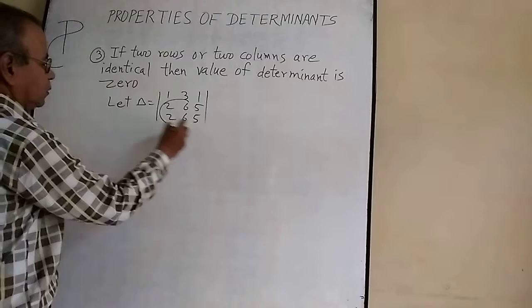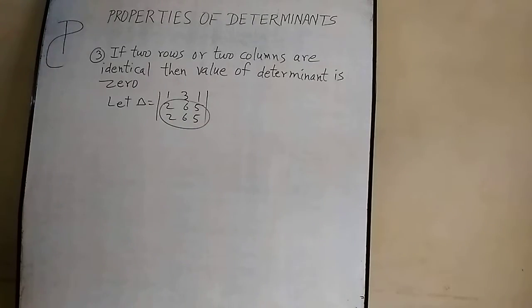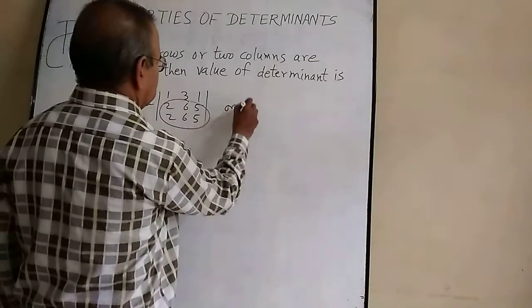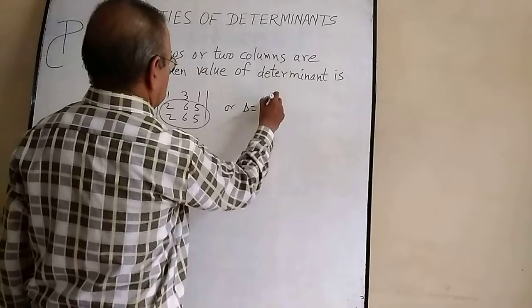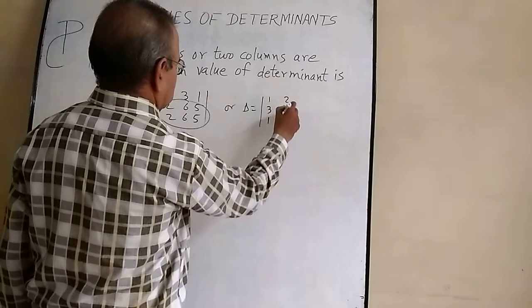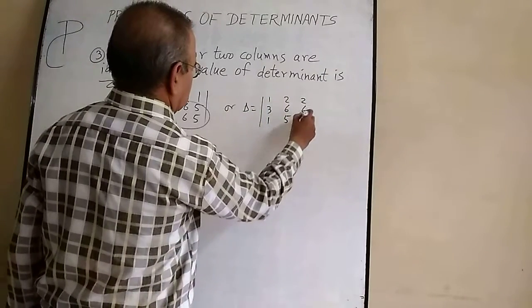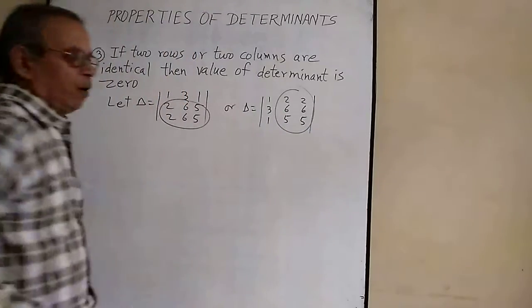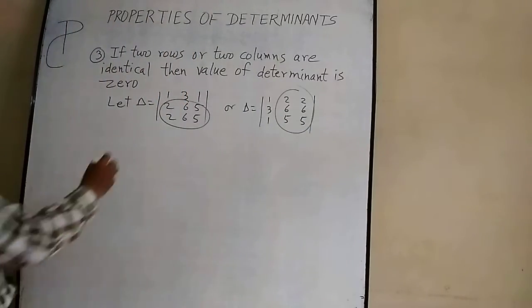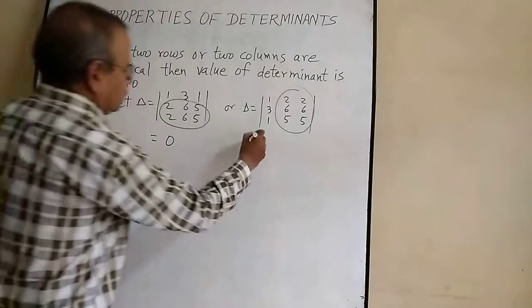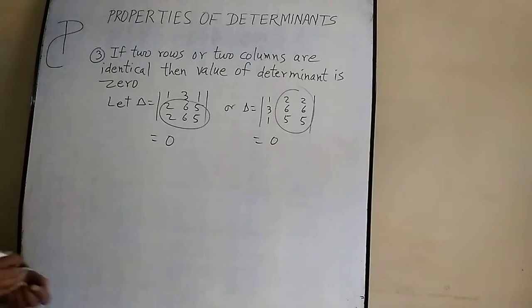Two rows are identical, or two columns are identical, and in both cases it's 0, and this is the third property of the determinant.